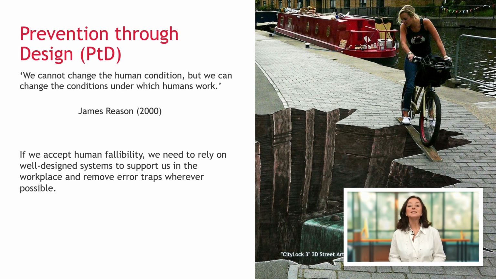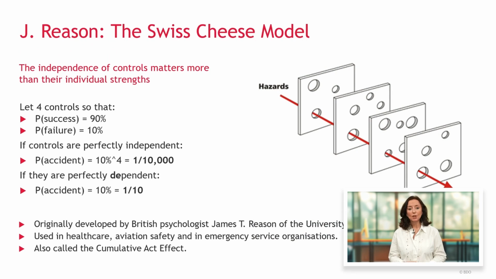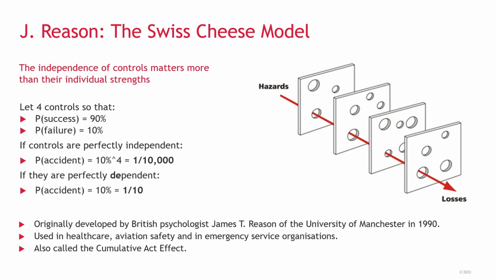And the idea is to accept human fallibility. People will make mistakes, it's a given. And if you don't want the mistake to be made, you have to design your process so that it's impossible for this mistake to take place. And in order to have very reliable systems, which is very much risk management in engineering 101, you have the notion of layering of controls.